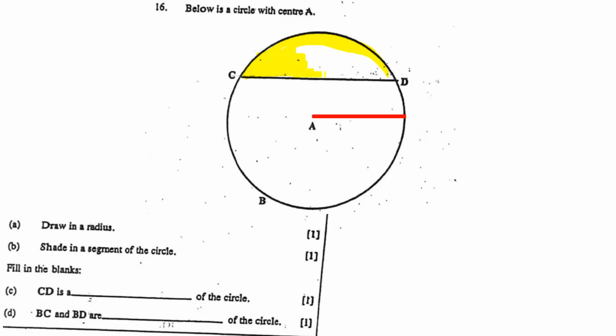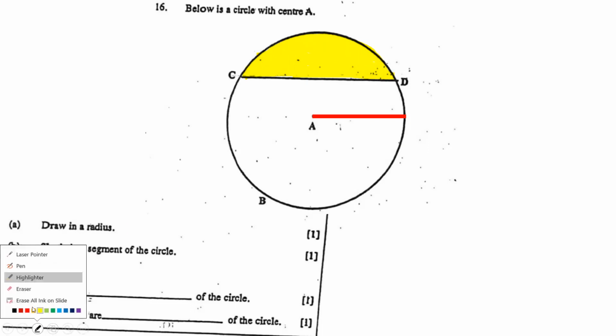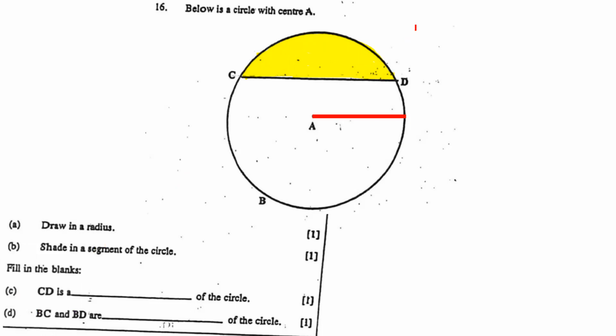Both of these are segments of the circle. One is the minor one, the other one is the major one. There we go. We shaded the minor segment.